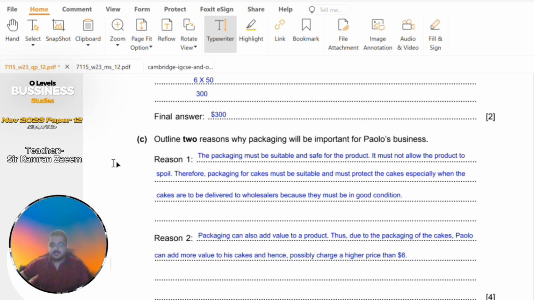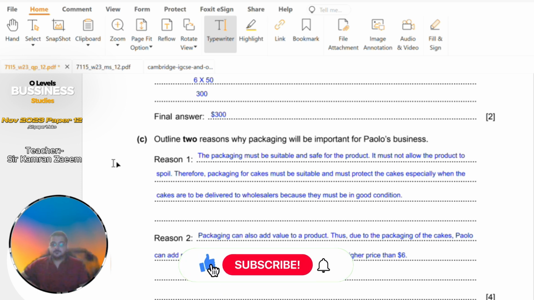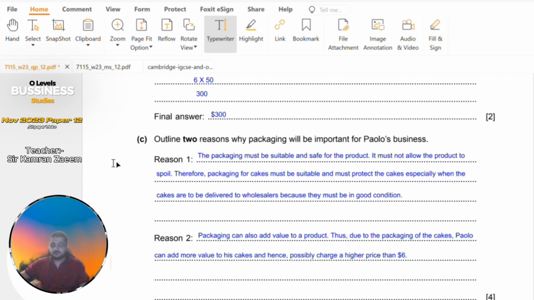So that is why packaging is important, and why is it important for Paolo's business? Because it must also be suitable for the cakes, right? It must prevent the cakes from being spoiled, okay, especially when they're being delivered to the customers, okay? Because the customers will want their cakes to be in good condition when they get it.